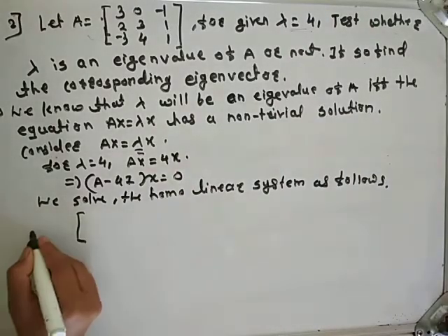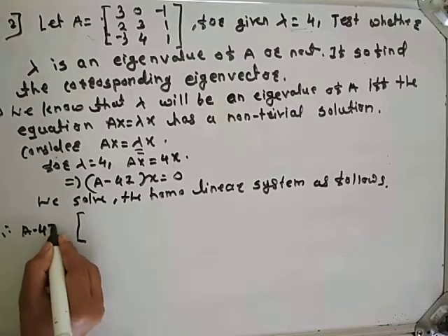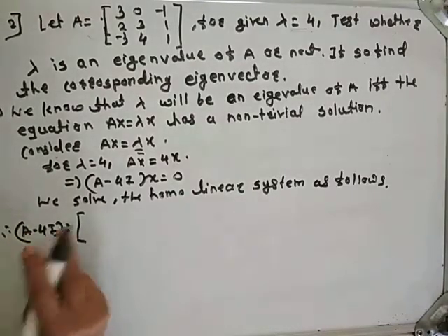Matrix A is, therefore A minus 4I is equal to what?